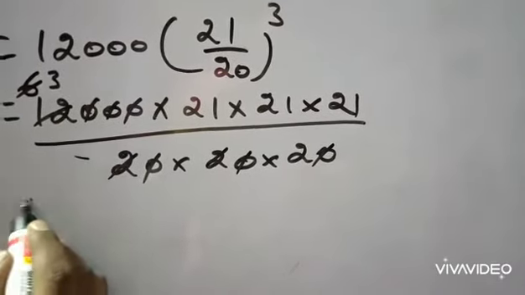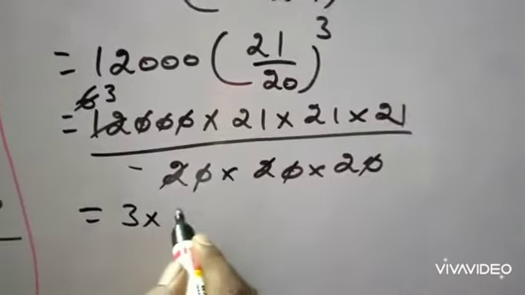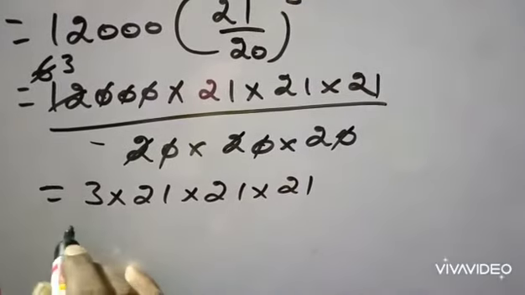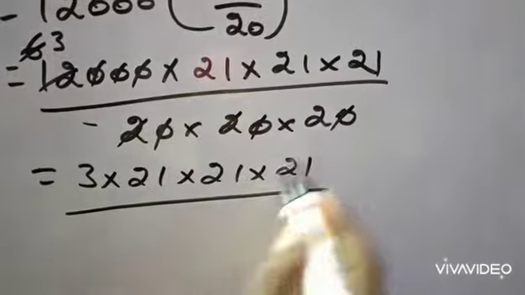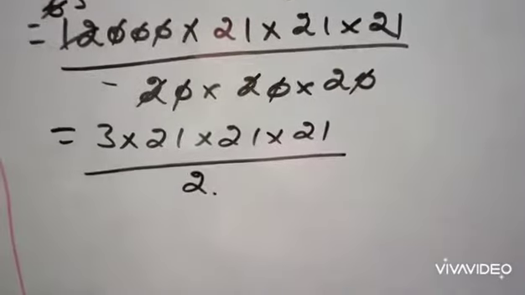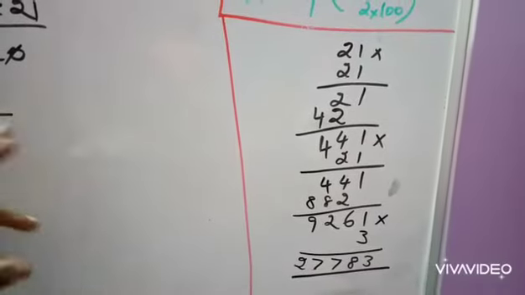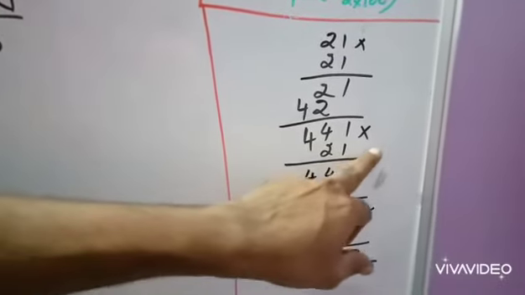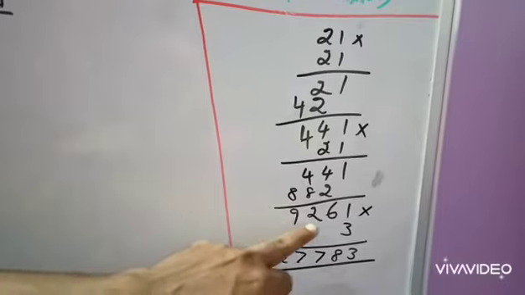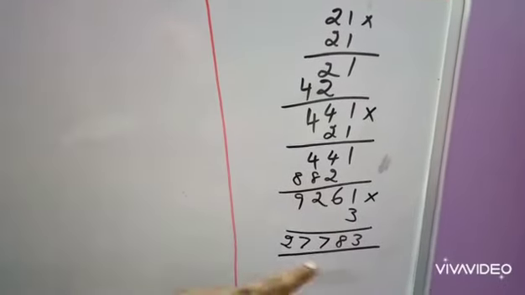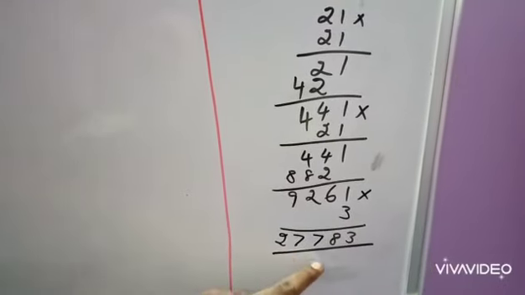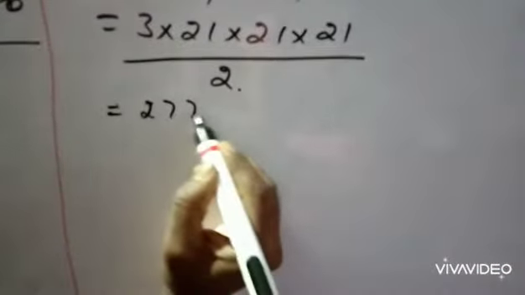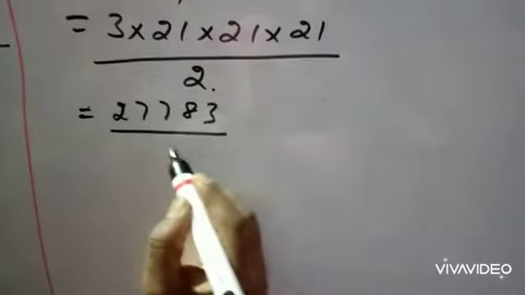So now we have 3 into 21 into 21 into 21 divided by 2. So this is the calculation. 21 into 21 is 441. Again multiplying by 21, it's 9261. Again multiply by 3, the final answer is 27783. So we have 27783 divided by 2.